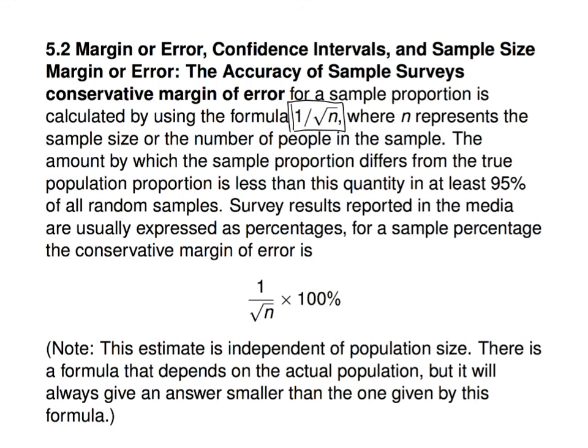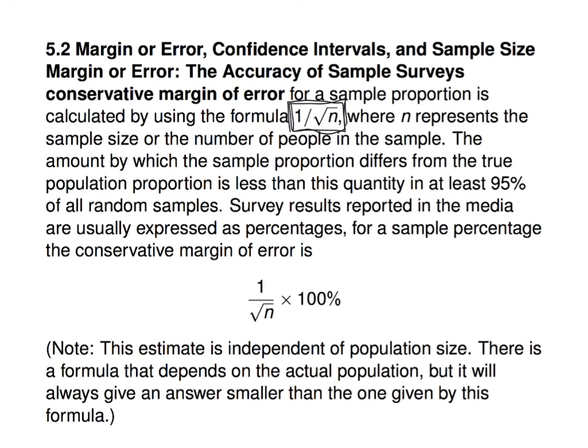So the amount by which the sample proportion differs from the true population proportion is less than this quantity in at least 95% of all random samples. So if you were to do lots and lots of random samples, the actual quantity is within your sample proportion plus or minus this number most of the time.